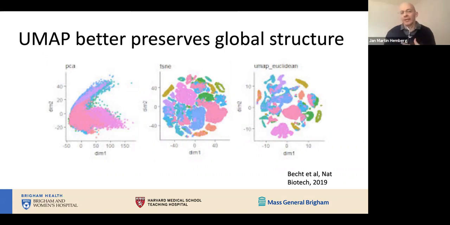They argue that it's better at preserving the global structure, because one of the things that these two methods do is that they tend to focus on local structures and make sure that they are guaranteed to be well preserved, but there are fewer guarantees about the global behavior. UMAP claims to be doing better. I'm not 100% sure that I've seen any really strong evidence that that is the case, but again, it's what people are mostly using these days.